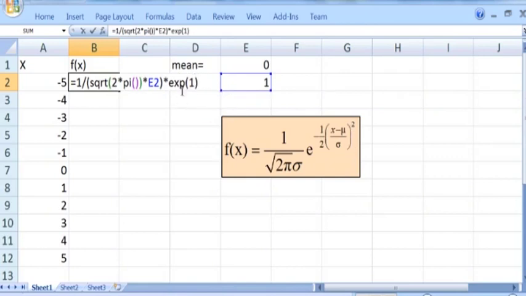This EXP(1) is used to represent this e, and then we have to take this full expression as a power of e. So then put this caret sign for the exponent, and its exponent is -1 by 2.